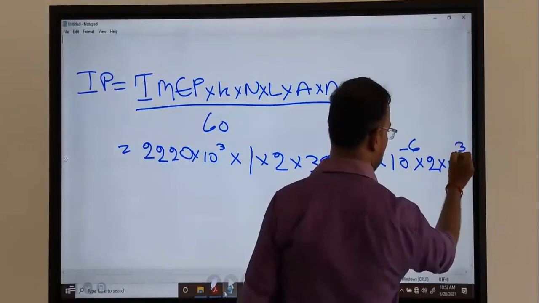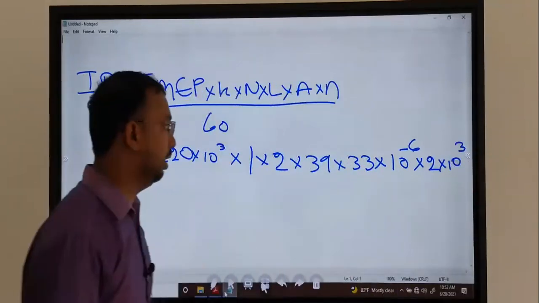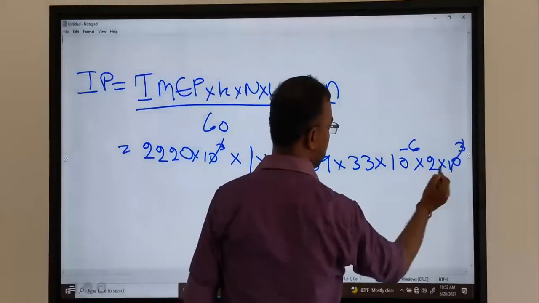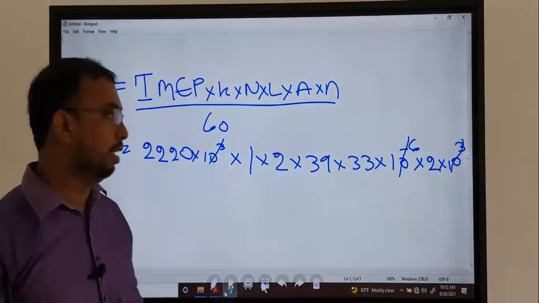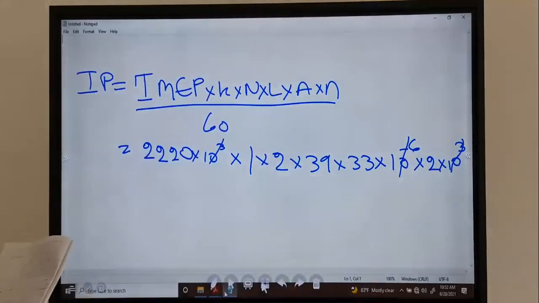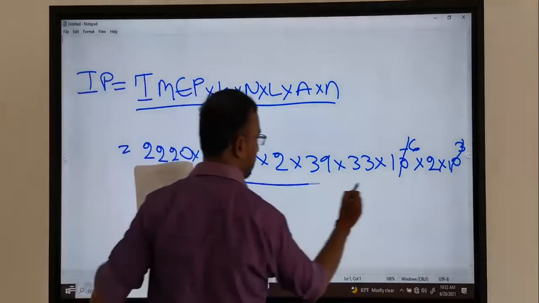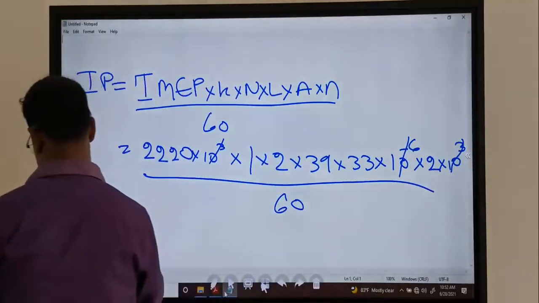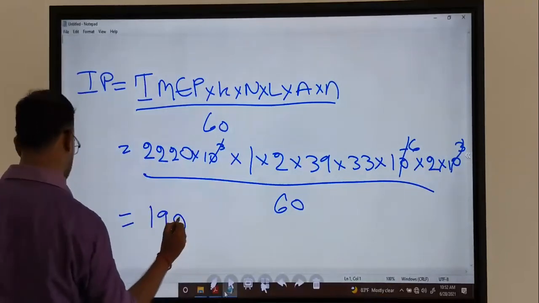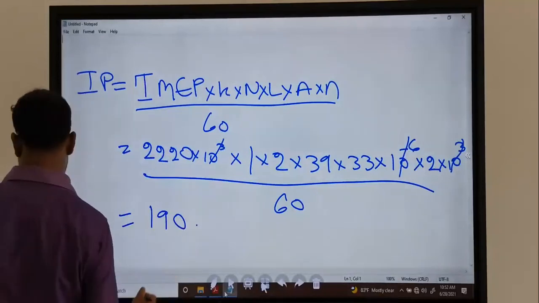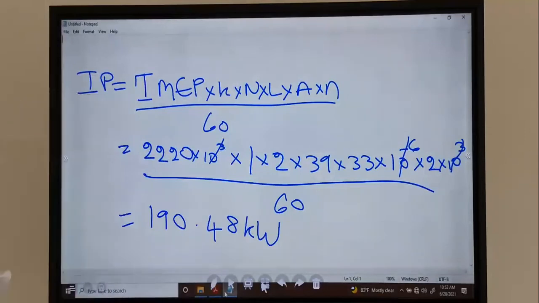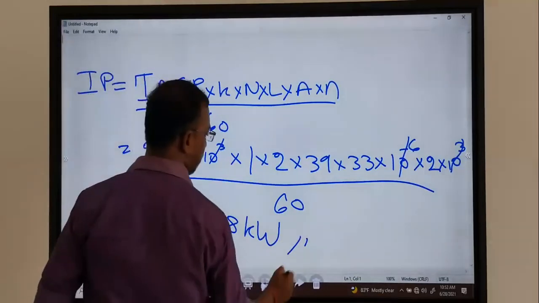I put 2000 as 2 into 10³, so we can cancel these, divided by 60. So the indicator power is 190.48 kilowatt. This is the answer.